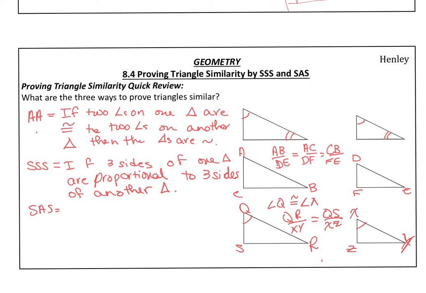These two sides are proportional. So that gives us side, angle, side. If an angle in one triangle is congruent to an angle of another triangle and the included sides are proportional, then the triangles are similar.